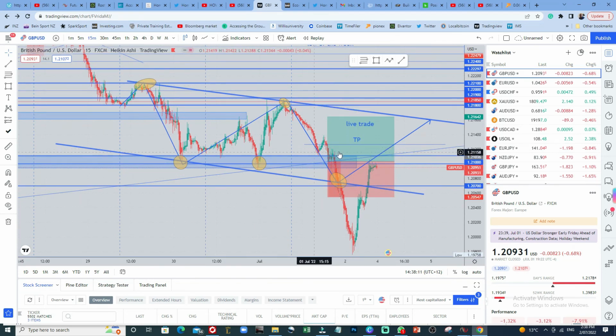When it got here, like I explained so far, I took a buy. I expected the market to push up a little bit. I was expecting a short buy, but what happened was that the market reacted significantly by pushing down in an impulse manner.